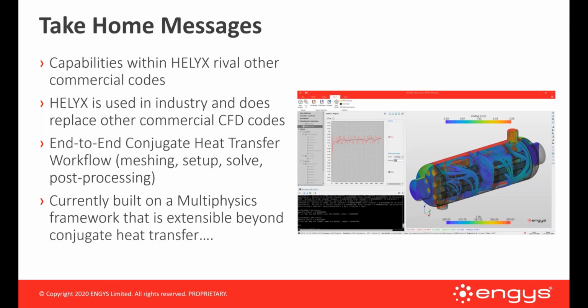And this whole technology is currently built on a multiphysics framework that is extendable beyond conjugate heat transfer. So that's kind of a look towards the future. Right now, this multiphysics is just conjugate heat transfer, but we could do other things like conjugate mass transfer and chemical reactions and combined heat transfer and mass transfer to do even more complex systems. So that's kind of looking forward for a multiphysics platform.